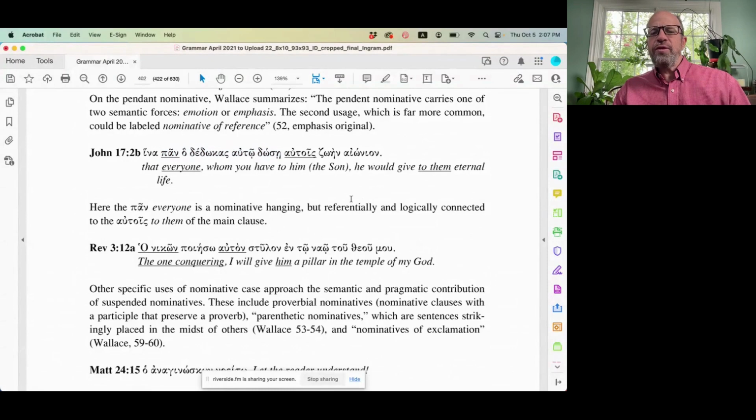And then with the main clause, it's picked back up: he would give to them. So this everyone is corresponding to them. And so in a sense, it's really just suspended there, in an interesting kind of clause.